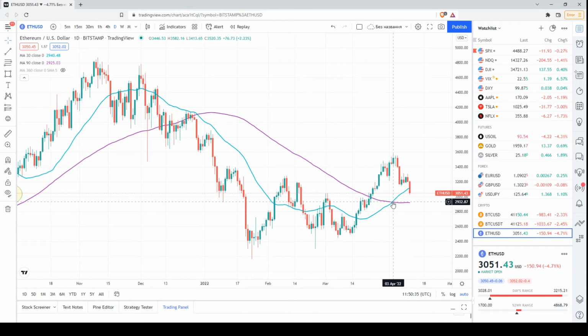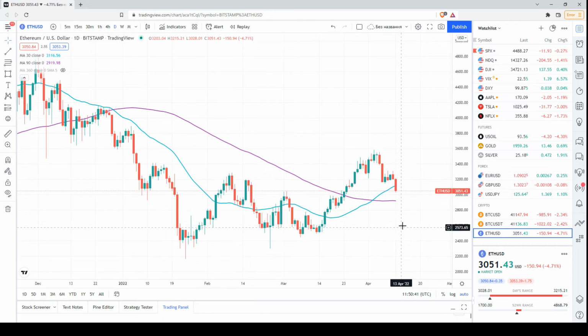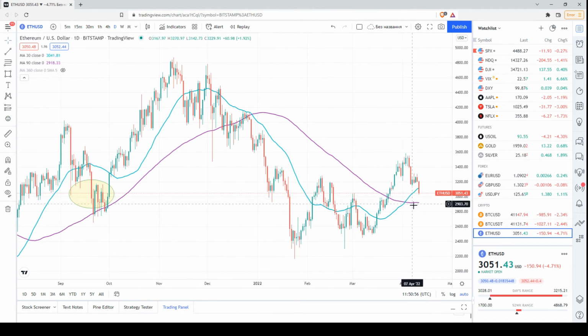Recently, a bullish moving average crossover took place. The 30-day moving average has already surpassed the 90-day moving average, and I think that the closest support according to these two moving averages at the moment, the 90-day moving average, is at the level of approximately, let's say, $2,900. So let's wait and see what happens.